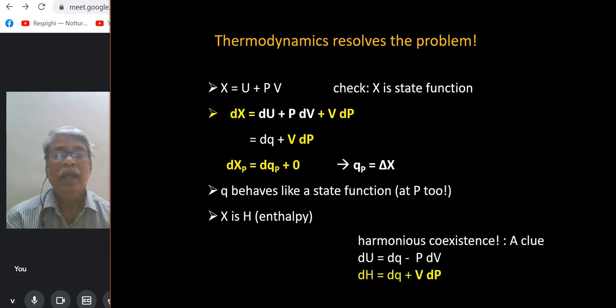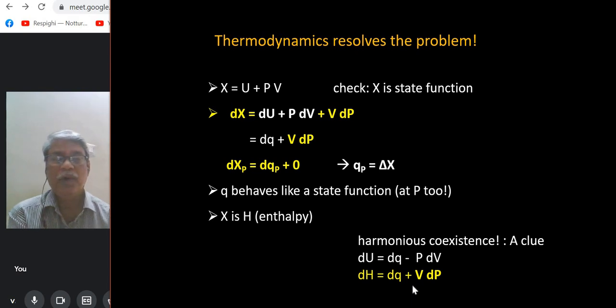Now, why harmony? Mutual coexistence, a clue. If you write down parallelly dU and dH, this X is now H, so dH is dQ plus VdP, and dU is dQ minus PdV from the first law. So you see that as if U is replaced by H, P is replaced by V, and V is replaced by P. So it's a game of flipping over P, V and U, H, and of course a minus sign is replaced by a plus sign.